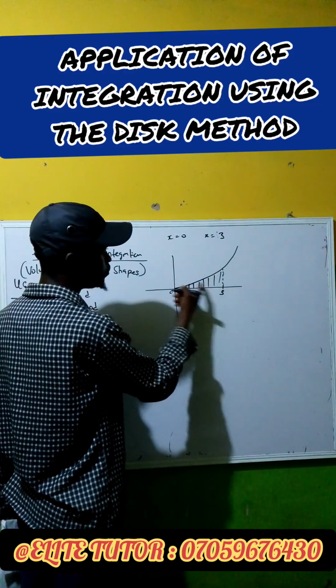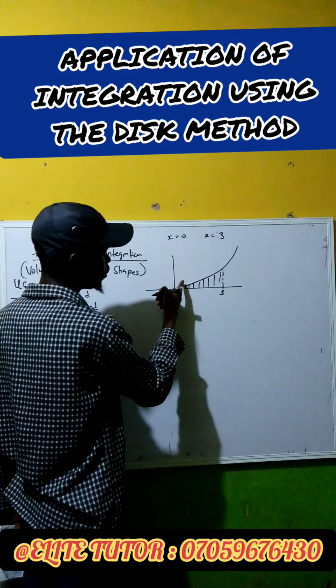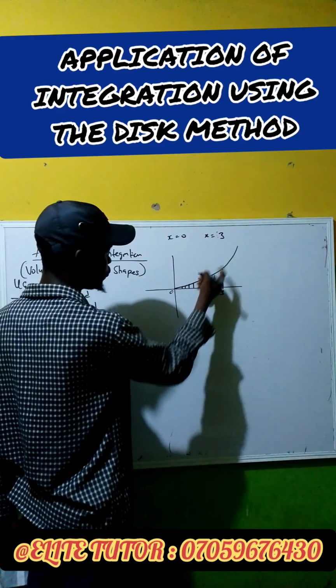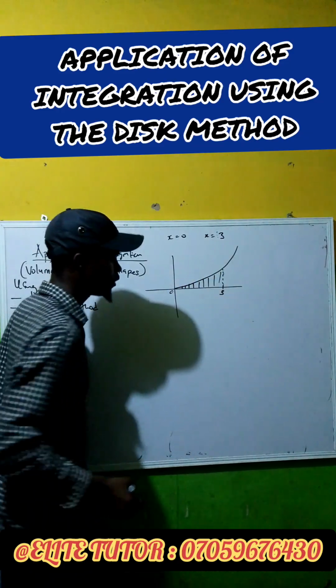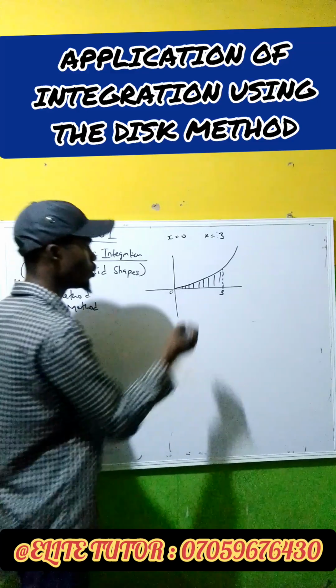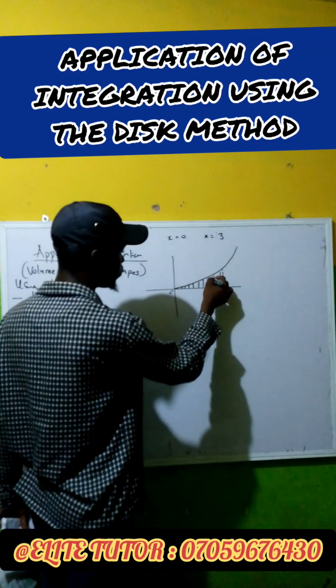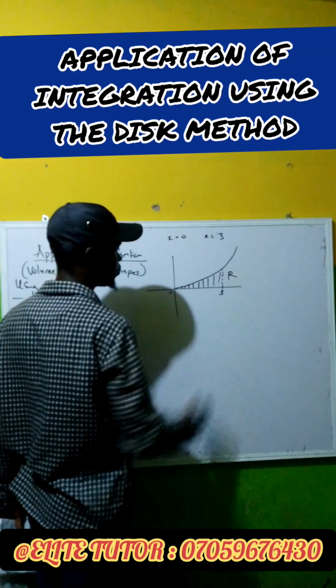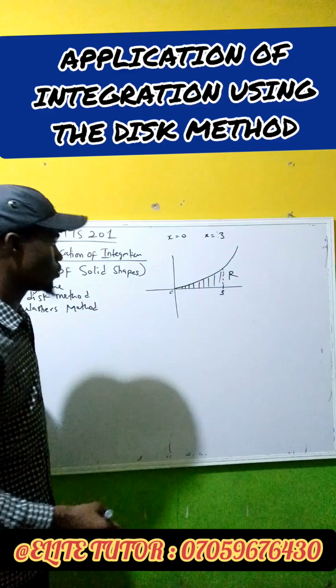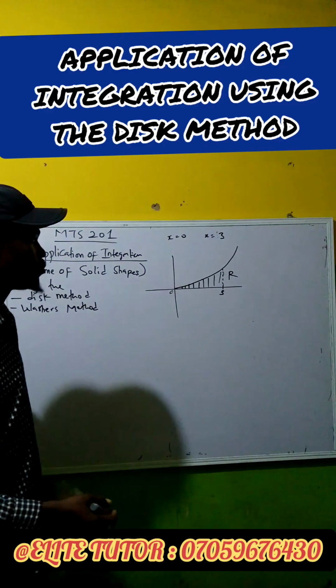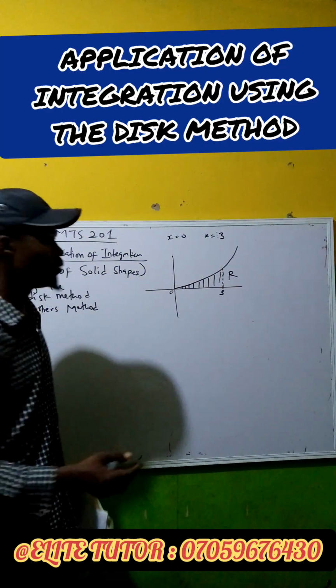Then at this point, on the x-axis, the distance between your curve and the axis we are talking about is what we call the radius. Most likely, at times, you can have a small radius and a big radius.